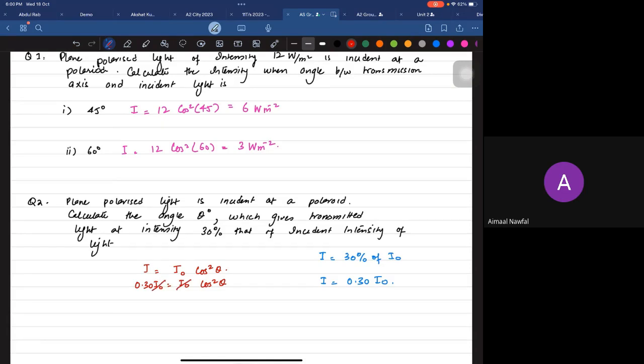Is it 56.8? Yes, 56.8. Then you take 0.30 equals cos square theta, take the square root on both sides, so cos theta equals the square root of 0.30. Then take cos inverse of this. You should be getting something like 56.8 degrees. Is that clear? Yes. So these sort of questions will come. You guys need to be aware of this, okay?